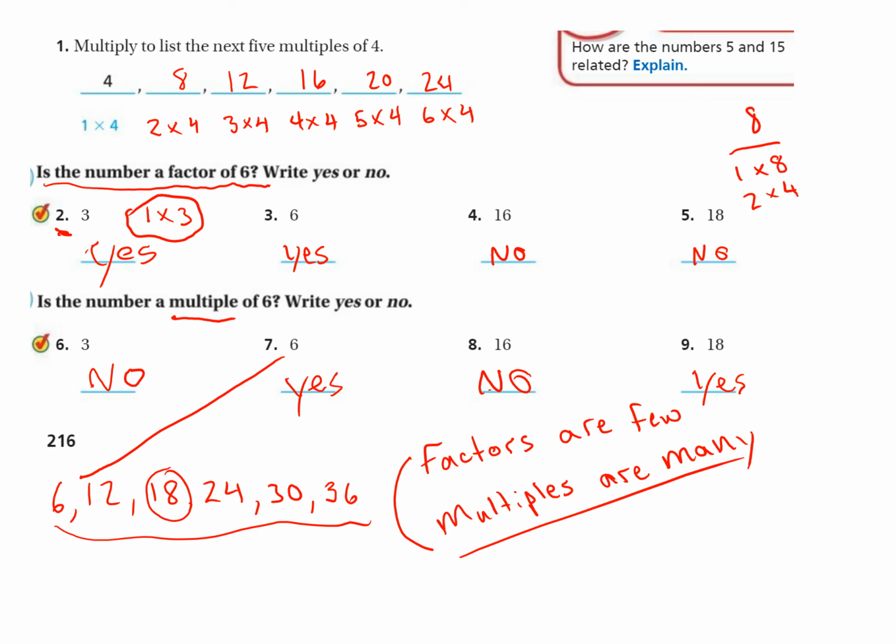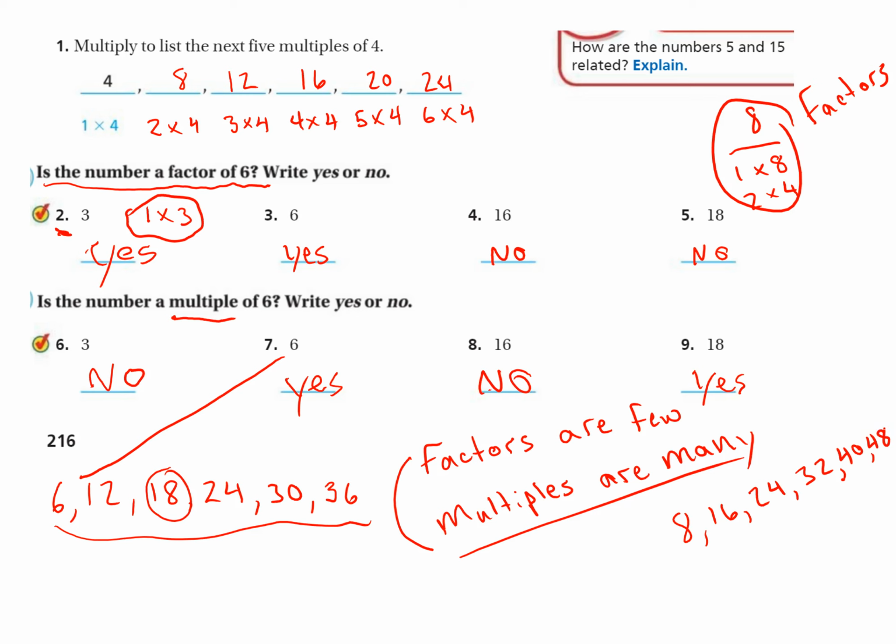But multiples, so these are examples of factors. But multiples of 8, I could count by 8 for as long as I wanted to. I could keep going forever if I wanted to. So multiples are many. So remember that.